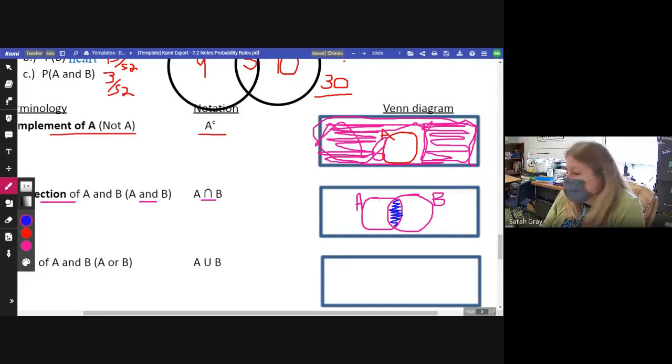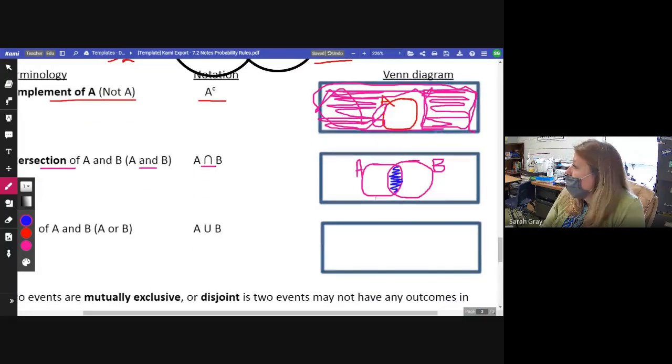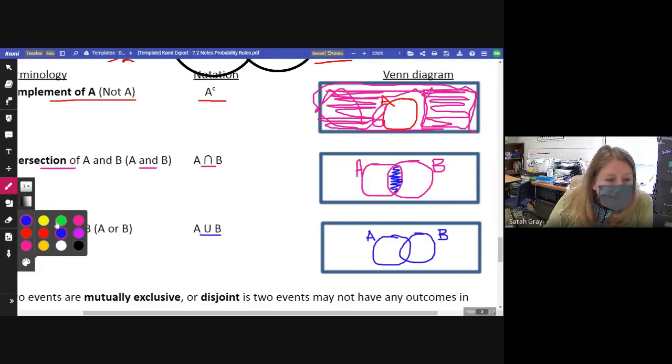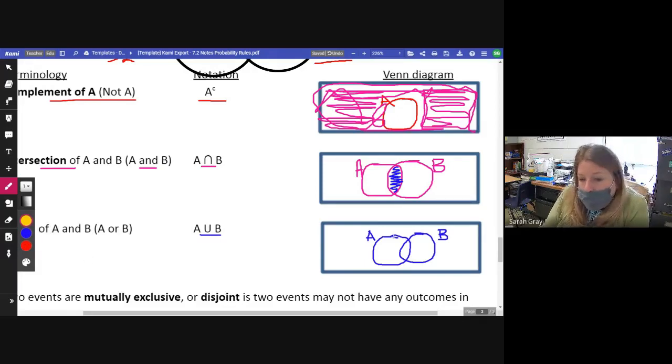I'm guessing we're going to need another circle. 2 more in the next one. All right. And the next one, 2 more circles labeled A and B. This one is the union. The symbol for union looks like a U. Easy to remember. The union is all of them. It's the or.